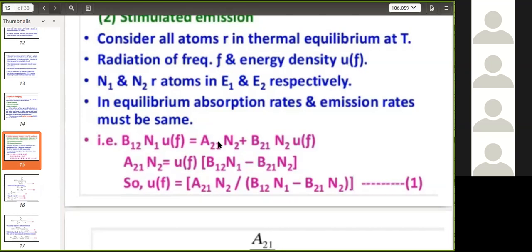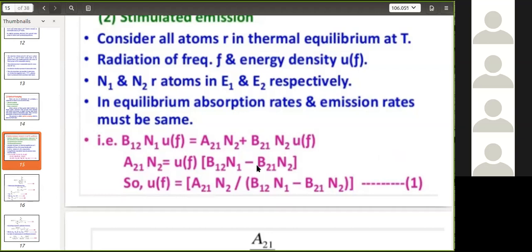The first part is for spontaneous emission and the second part is for stimulated emission. So from here we get the formula for energy density UF in terms of A, B and N1, N2.